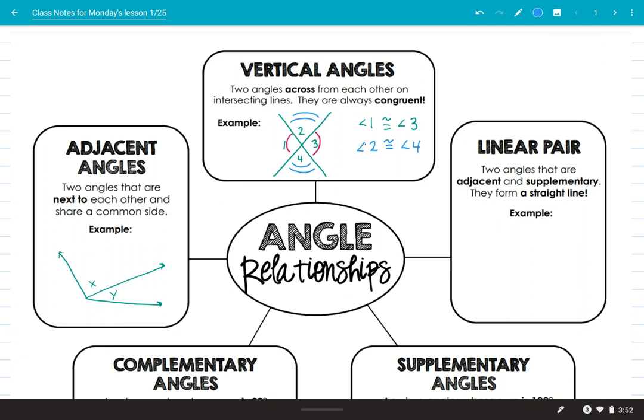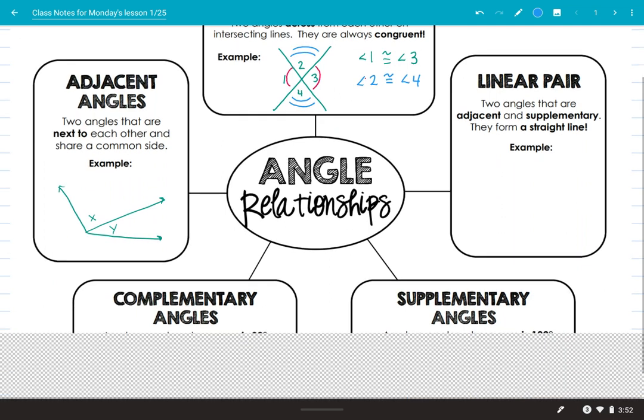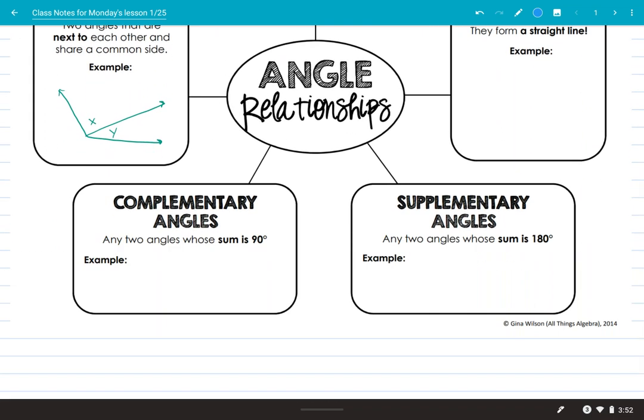Congruent just means equal. Now, linear pair are 2 angles that are adjacent and supplementary. Supplementary, we'll get to, actually, let me skip that one a minute. We'll come back to it. So complementary is any 2 angles that sum to 90 degrees. So we want a right angle, and usually you're going to see a little square in here.